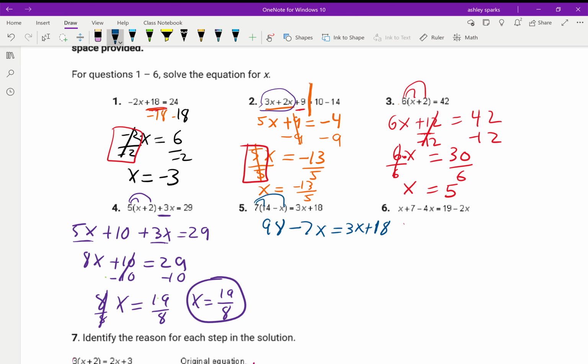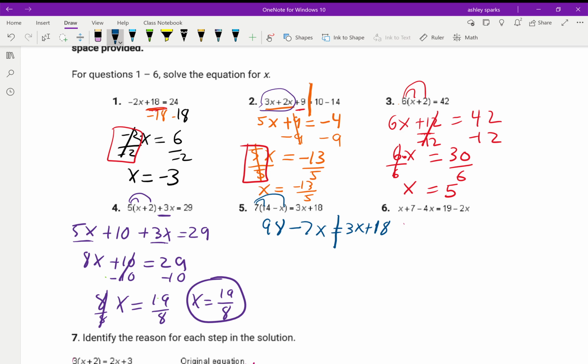This one is a little different because I have x's on both sides of this equal side. So I have both that -7x and the 3x. What I would recommend is to start with your x's, and if possible, because to go to the other side you have to change the sign, I would move the negative.